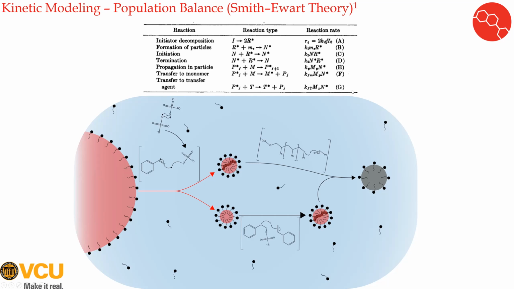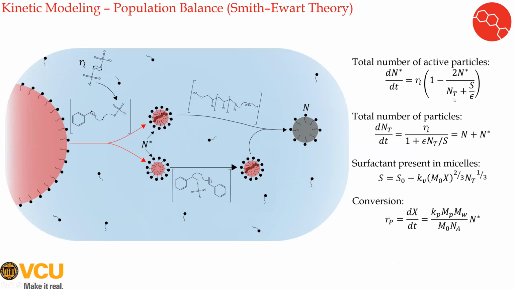So if we write up some expressions for all of these reactions, we end up with a system of 4 differential equations to express the change in conversion over time, which is also the total rate of polymerization. So as I mentioned before, once a radical enters, we form these active polymer particles, which is represented by this top equation here.